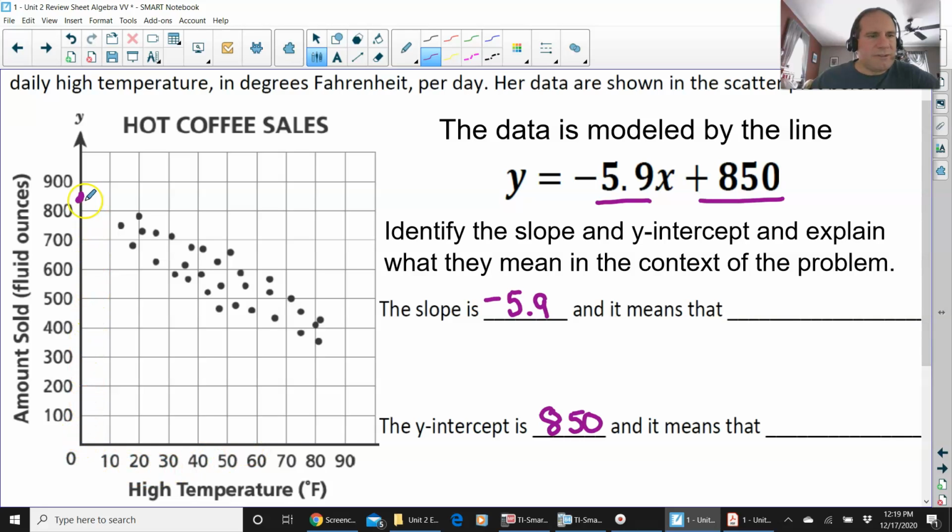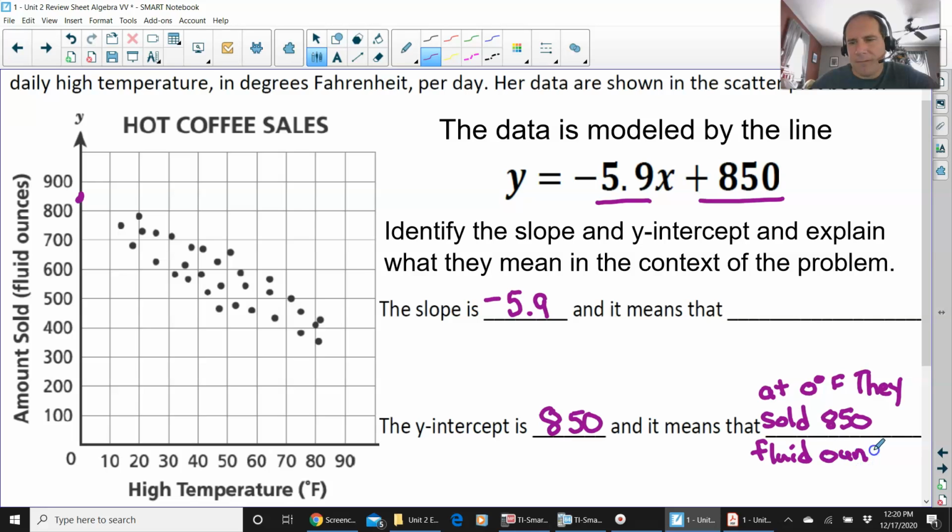When it's 0 degrees out, that means that at 0 degrees Fahrenheit, they sold 850 fluid ounces of coffee.